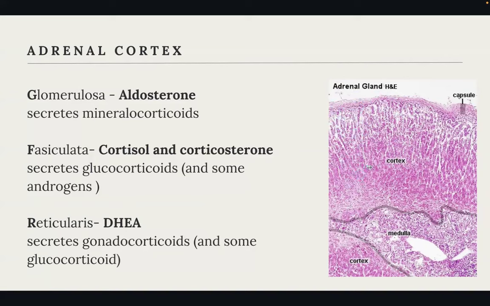Now we have the glomerulosa, and it specializes in the production of mineralocorticoids. Now there's multiple mineralocorticoids, and we will be discussing them. But when we talk about the mineralocorticoids that the glomerulosa makes, we're mostly concerned with aldosterone. It's the main mineralocorticoid, but keep in mind, it's not the only mineralocorticoid that this layer can create.